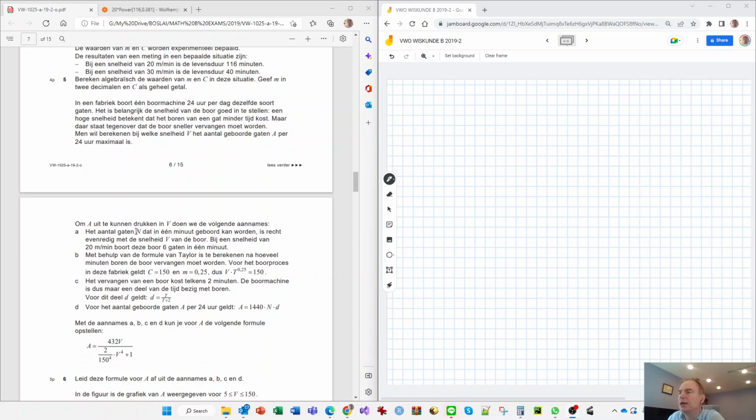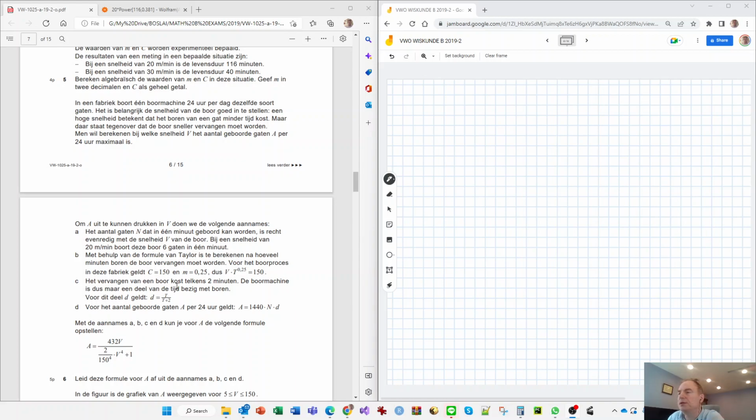Then the number of holes n in 1 minute is proportional to the speed. That makes sense. And then they give that by a certain speed you can get 6 holes per minute. And the equation above can be used to get the duration or the lifetime of the drill.